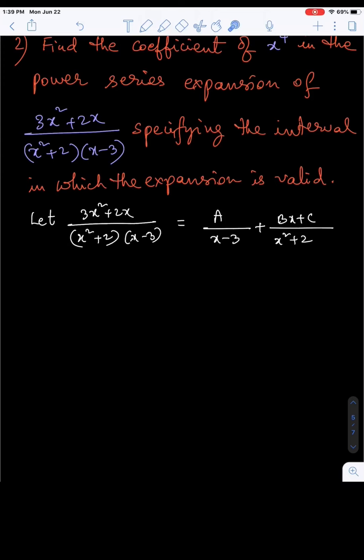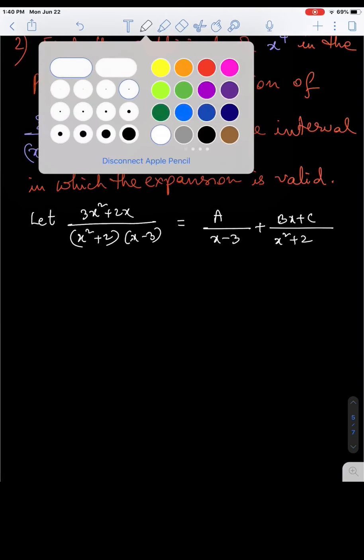I will help you. Exercise 7B is like this only. These are called irreducible factors. So for linear, you can take A by, no problem. But if it is with degree 2, you should write like this.